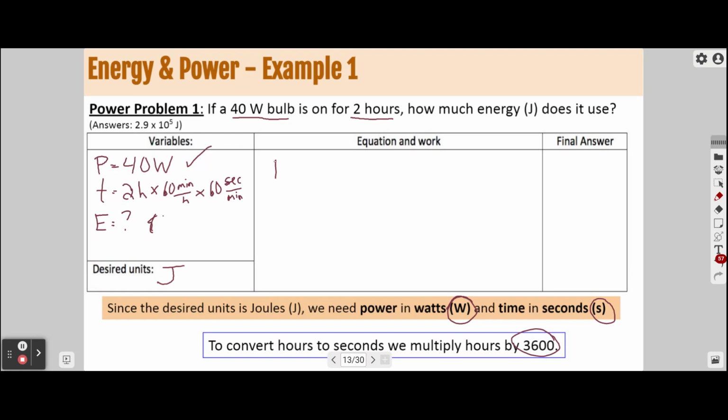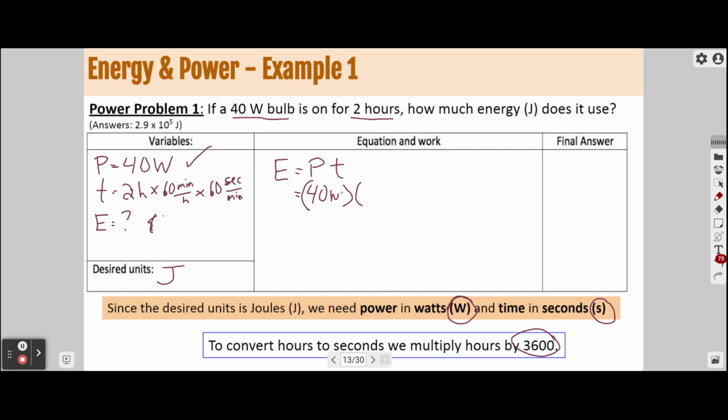All right, so let's plug everything into our energy equation. Energy is equal to power times time, and our power is 40 watts.